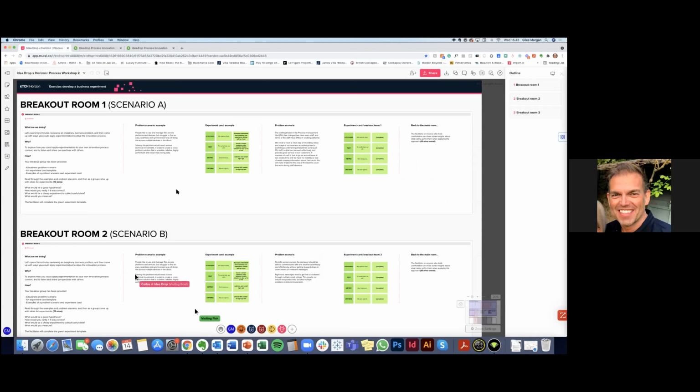We're going to send you to separate breakout rooms, and we've got a set of scenarios set up in Mural. The Idea Drop facilitators are going to manage the Mural for you, and you're going to spend the next 10-15 minutes working on these experimentation challenges.